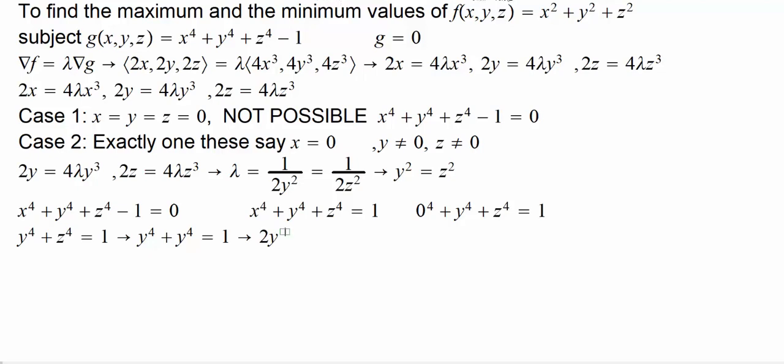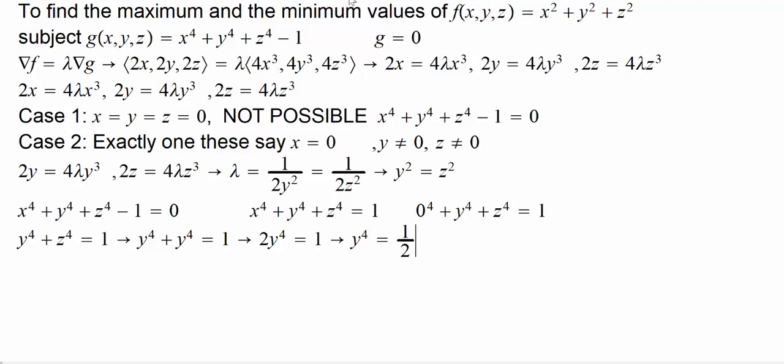So that means that y to the 4 is 1 over 2, right? And remember, we are interested in x square plus y square plus z square, right? So first let's see what y square is, sorry.